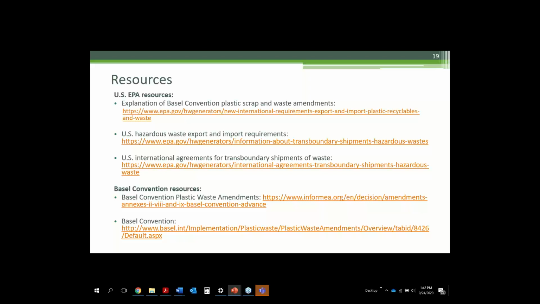There's the U.S. RCRA hazardous waste import-export requirements, which I talked about briefly before. There's information on that. And then there's a link to our international agreements for transboundary movements, imports and exports. I think there you can find the OECD Council decision if you want to see it. And those are EPA resources.